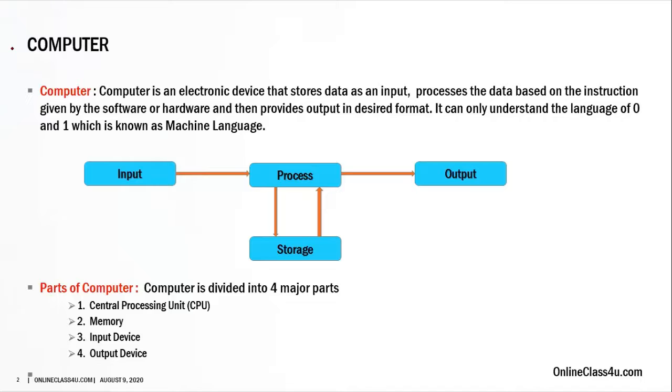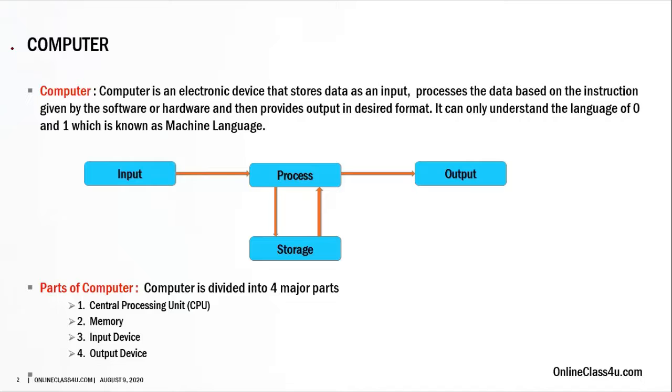The term computer is derived from the Latin term computare. This means to calculate, or a programmable machine. Charles Babbage is known as the father of the computer. So that means what?